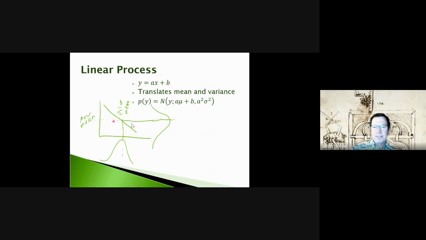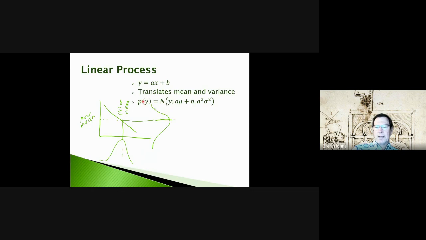So basically what we've done is we've transformed that mean, right? And then all these points get projected off of this line, this transformation, out to this new value. But you see, this is still a Gaussian, right? Trust me. I know my drawing is terrible, but we're translating the mean and variance. So this N is the shortcut for a normal distribution, right?